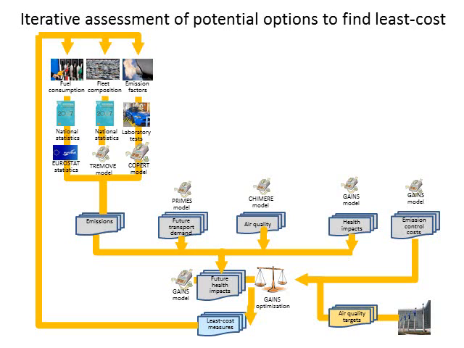Once this is done in an iterative manner, we can find the best solution to achieve the targets at minimal costs. Results of these are reported in the main reports and used within the revision of the EU's thematic strategy.